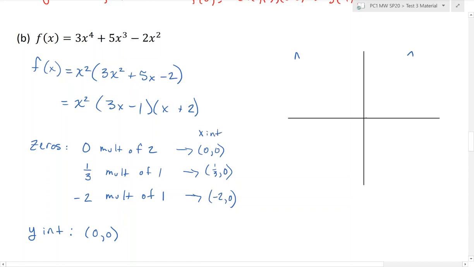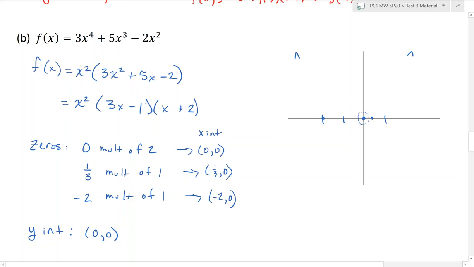Let's go ahead and graph those. I have (0, 0), I have 1/3, 0, and I have -2, 0. Remember that the zero at 0 has a multiplicity of 2, so you can go ahead and put your little halo around it to remind yourself to bounce once you get there.